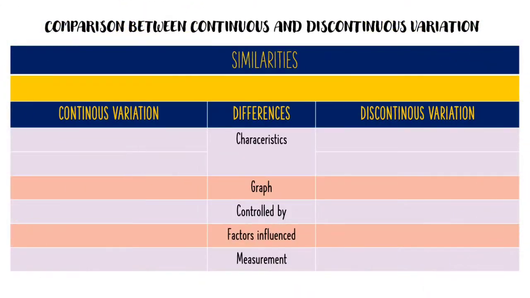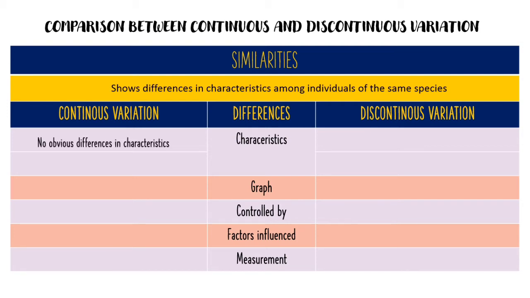Okay, now let's discuss the comparison between the types of variation. The similarity is that both variations show differences in characteristic among individuals of the same species. In terms of characteristic, there are no obvious differences in continuous variation, while there are obvious and distinct differences in discontinuous variation.